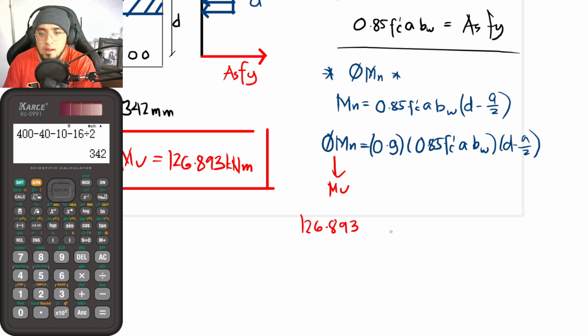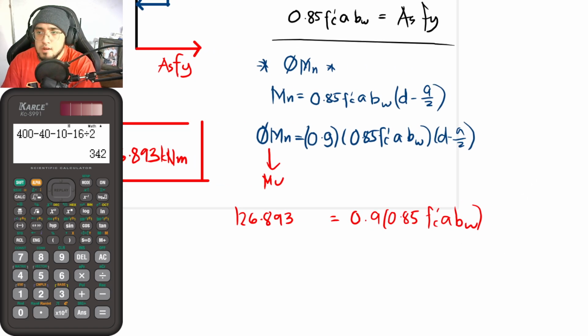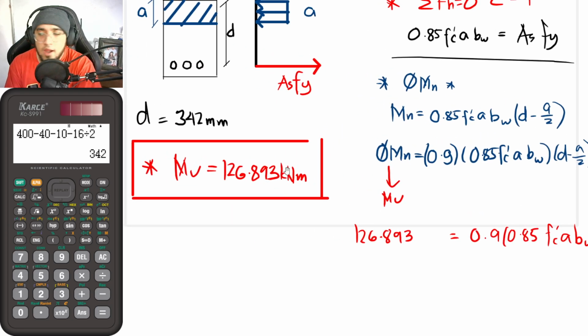So phi Mn is Mu, and from that, 126.893 is equal to 0.9 times 0.85 times F prime C A B sub W times d minus a over 2. In this equation, we only have A as unknown, so we will now be solving for A. Take note that our Mu is in terms of kilonewton meter.